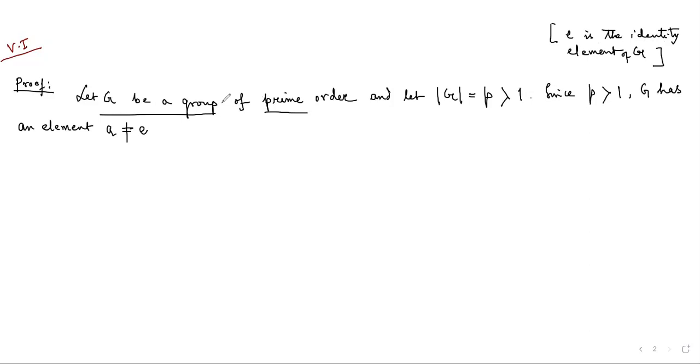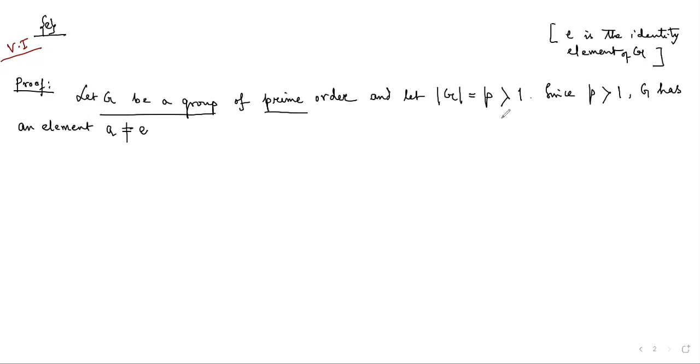If the group doesn't contain its identity element, then the structure will not be a group itself. So this is the primary requirement. Once in a group you put the identity element, and you know the inverse of the identity element is the element itself, so by keeping the identity element inside the group, you can make it a group. And thus we always say that the singleton {e} is a particular type of group, which is a trivial group.